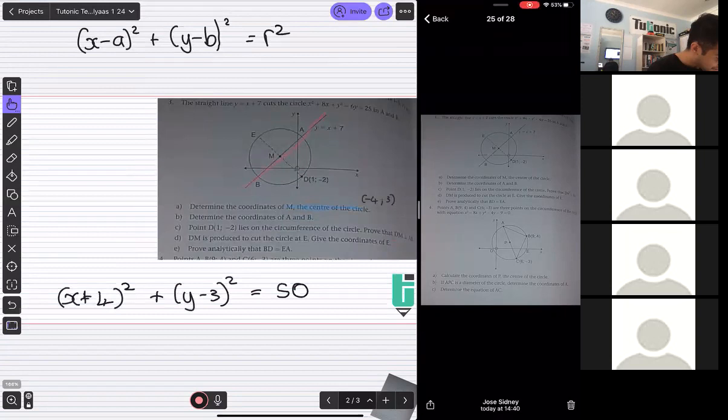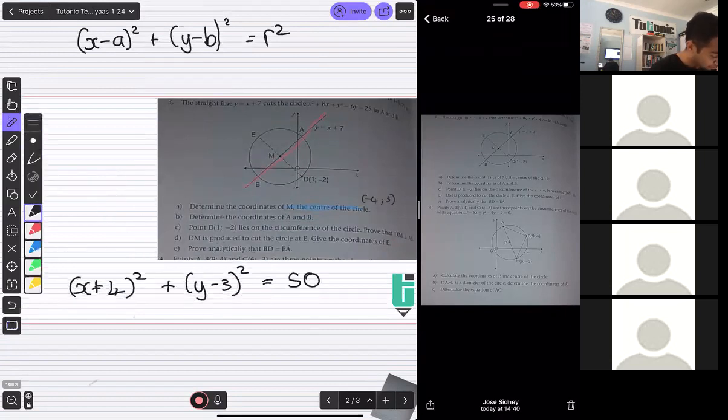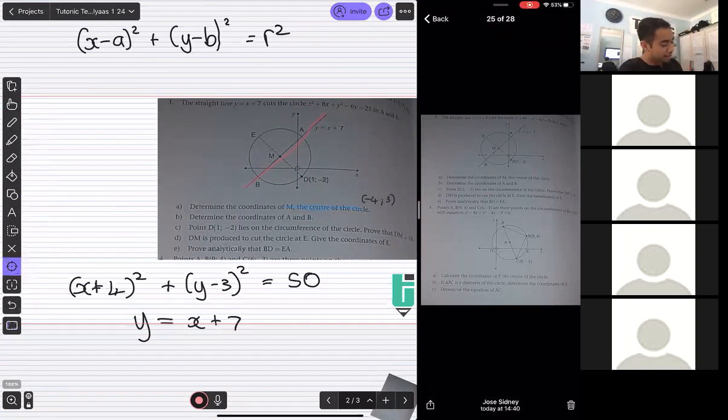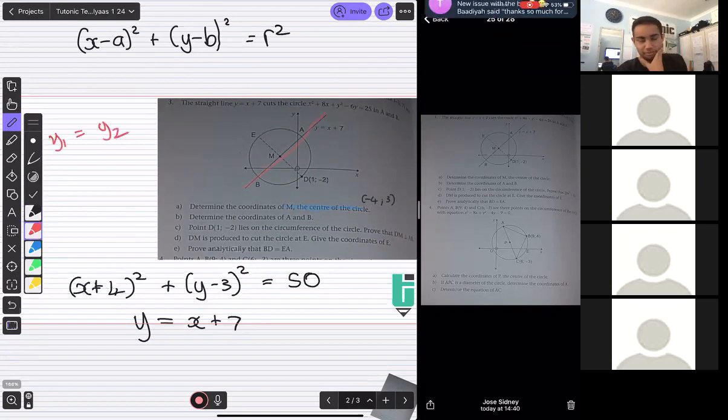So the way we equate the circle, let me show you guys. We've got y equals x plus 7, and we want to work out where these are equal. But didn't I tell you guys that where they are equal, the y of the one graph equals the y of the other graph, right?